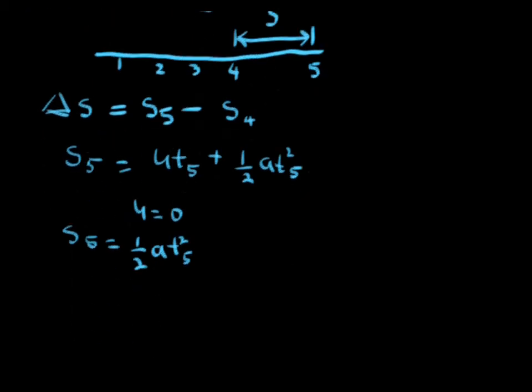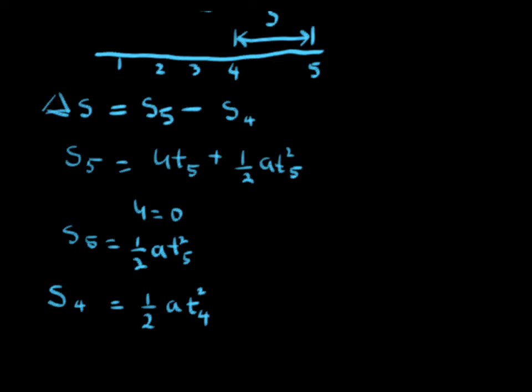The same thing applies for our displacement covered in the fourth second. So it's going to be s in the fourth second equal to, now remember that our initial velocity is 0, so we don't even need to write the first part of the equation. So it's going to be 1 over 2 at square in the fourth second.